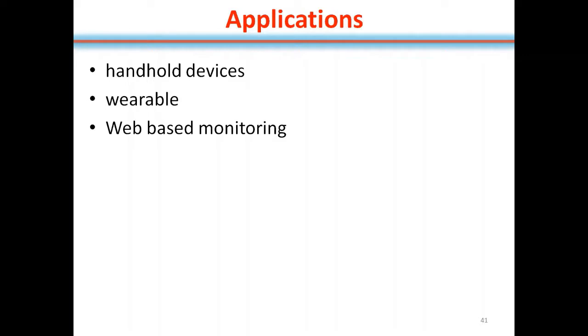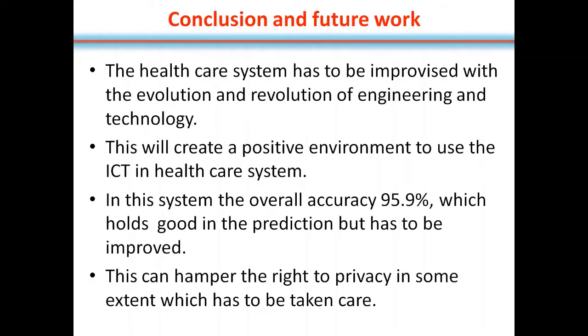In conclusion, we can say that the healthcare system has to be improved with the evolution and revolution of new engineering and technology. Day by day, information communication technology is improving, and as per that, the healthcare system has to be improved.